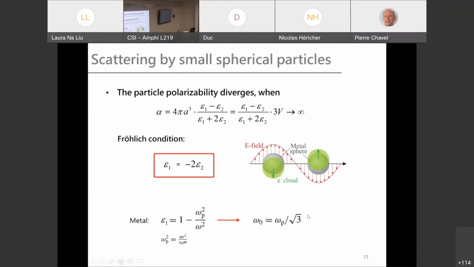And just for your information, because of this Rayleigh condition, we can use the nanoparticle as a very good environment sensor for plasmonic sensing, because the resonance condition is highly dependent on the refractive index or the dielectric constant of your neighboring environment.